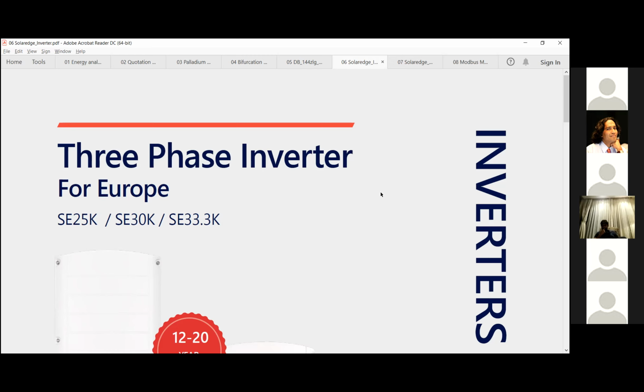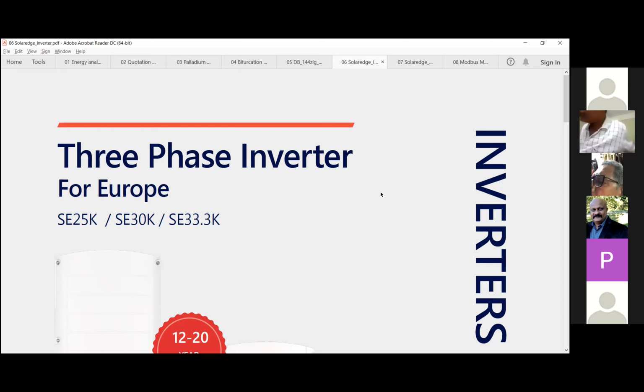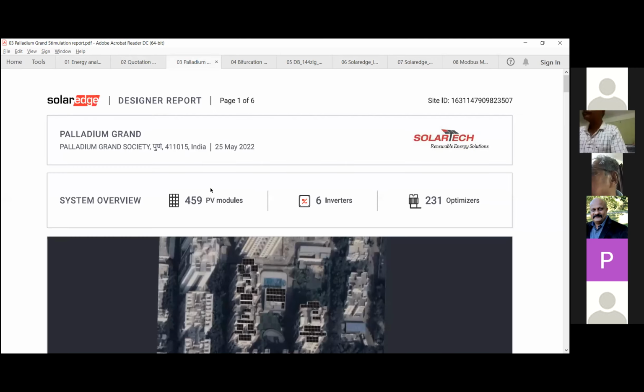Solar is an Israeli company, manufactured in China. Basically this gives an upper hand. If you put all the panels on your society, the number of panels we'll be installing is around 460.